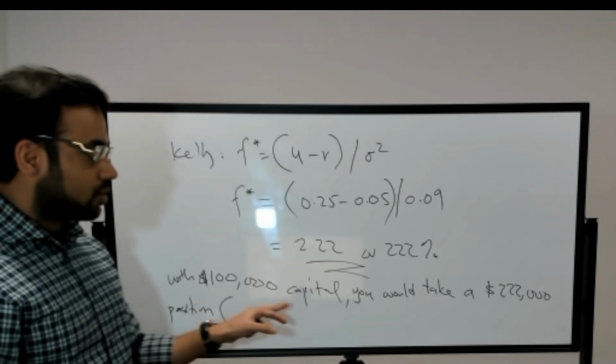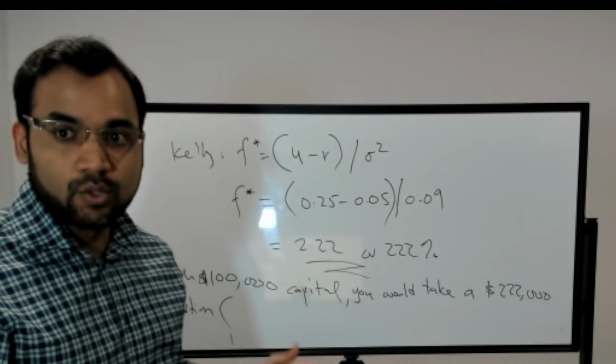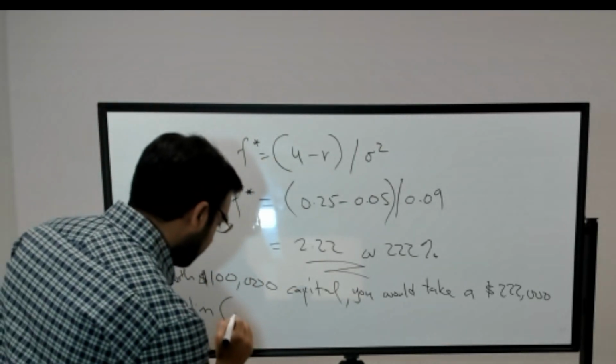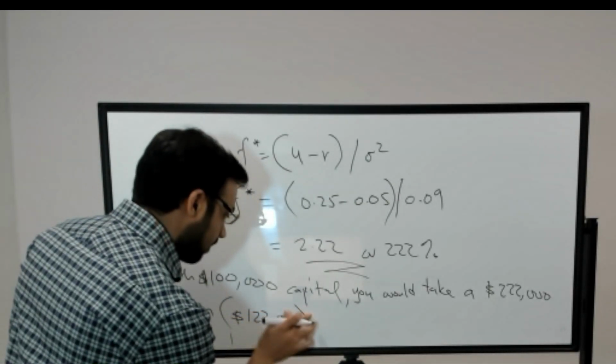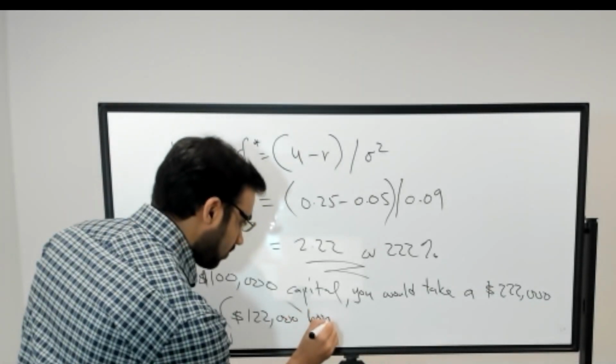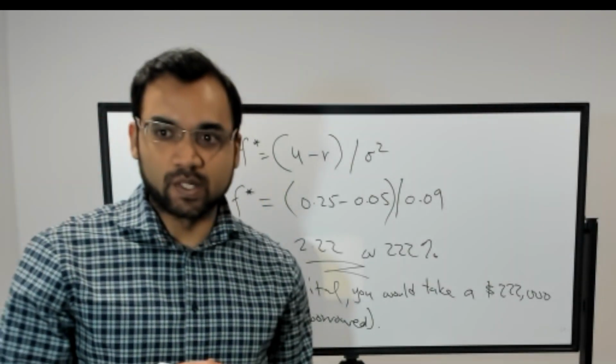So with 100,000, you would take a $222,000 position, and how do you do that? You would borrow the 122,000. Okay, that's what it basically means.